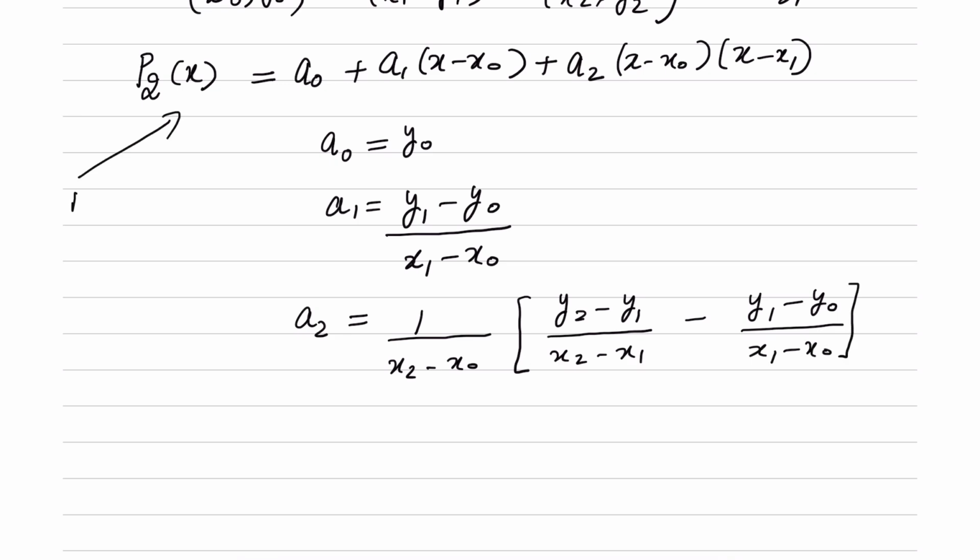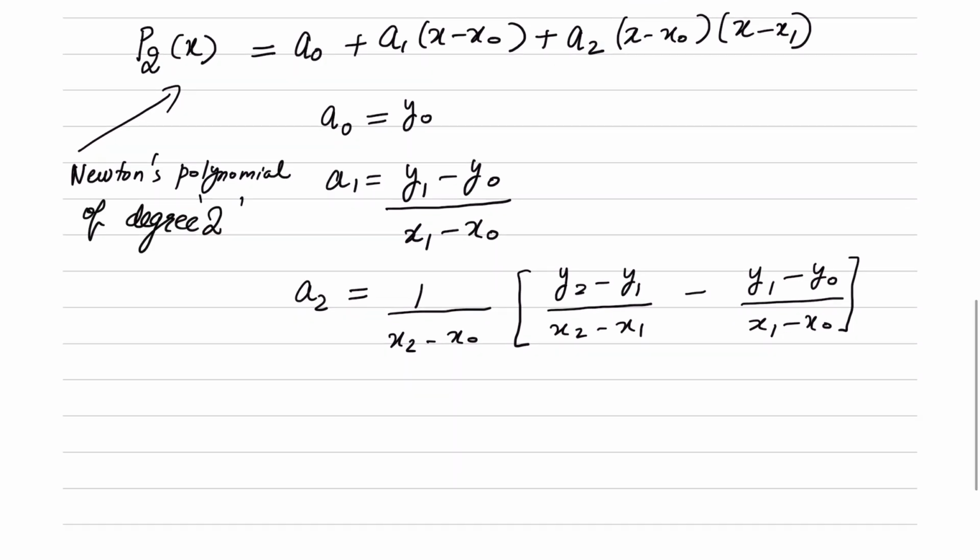So this is Newton's polynomial of degree 2. Now we are going to write this polynomial in forward difference operator form.